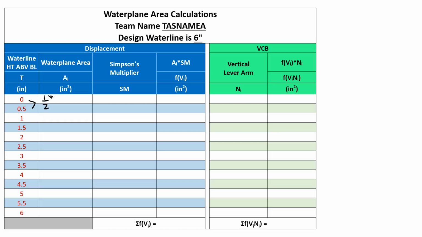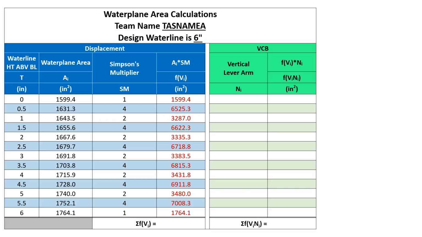Notice that on my diagram, I left out the ½ inch water planes, and that's just so that my diagram was not crowded. From CAD, I calculate the water plane areas, and then I list the Simpson's multipliers following the convention in the glossary. Next, I multiply each water plane area by its Simpson's multiplier.